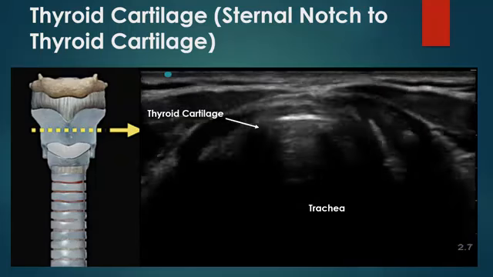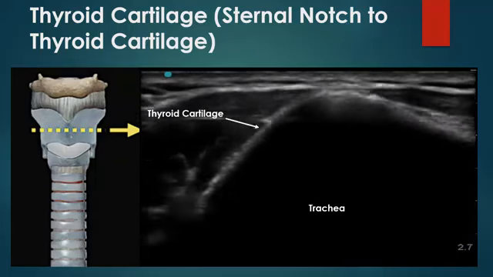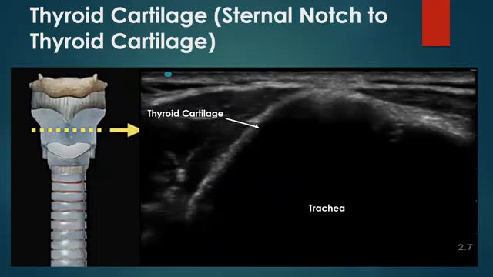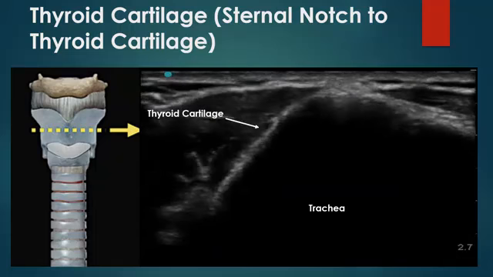Going from the sternal notch to the thyroid cartilage, the thyroid cartilage is a nice big upside down V-shaped structure, and it has a trachea here. Typically when you get to the thyroid cartilage, you're going to start running across the vocal cords.